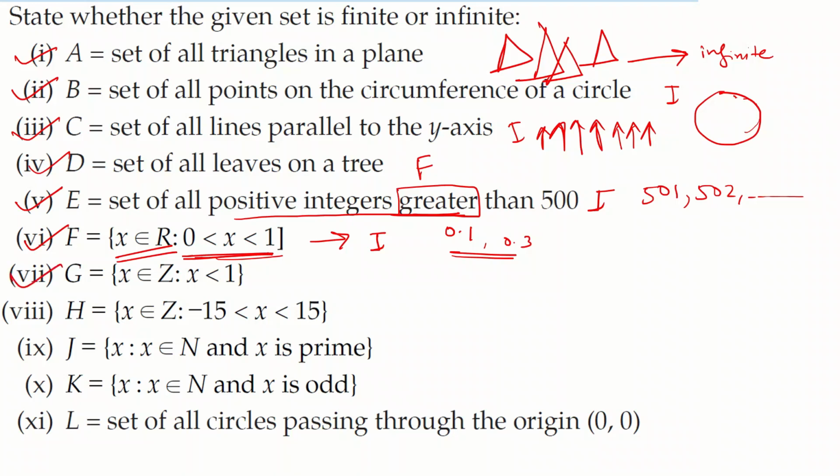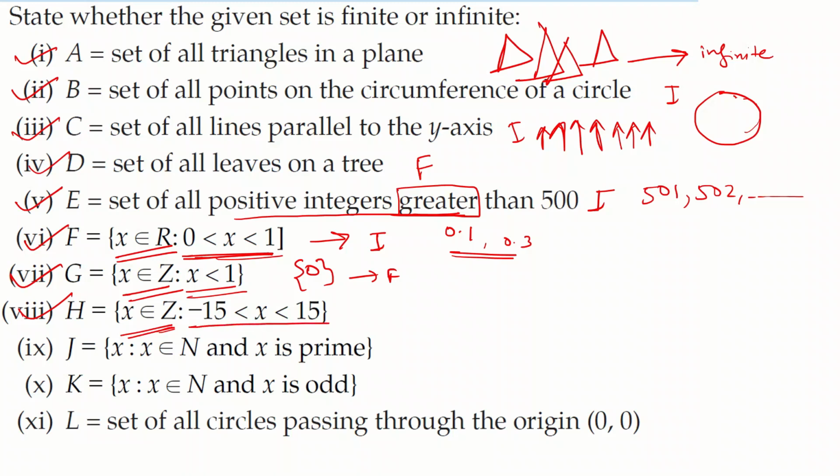Question number 7. Set of all integers that are less than 1. So that's, I guess, the singleton 0, right? So this is actually a singleton set and it's a finite set. Question number 8. The set of all those x's where x belongs to integers and -15 less than x less than 15.